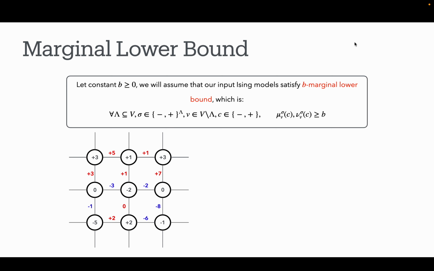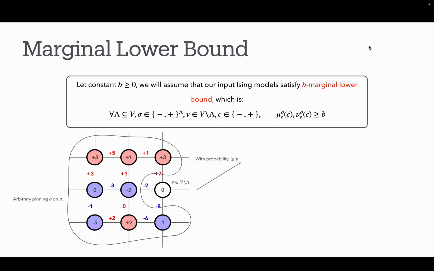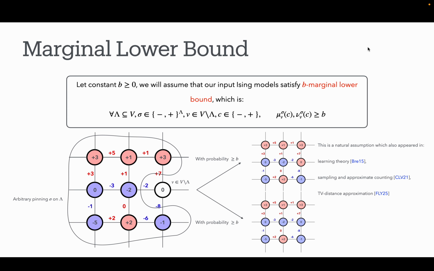We will assume that our input Ising model satisfies the b marginal lower bound, which is: for any subset of vertices lambda and arbitrary pinning sigma on this subset lambda, and for any other vertex v not in lambda, with probability at least b, this vertex v is going to be positive, and also with probability at least b, this vertex is going to be negative.